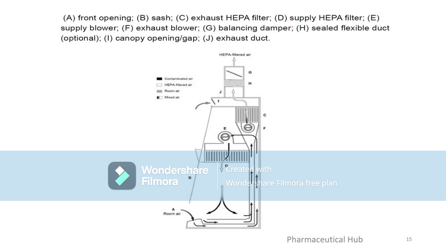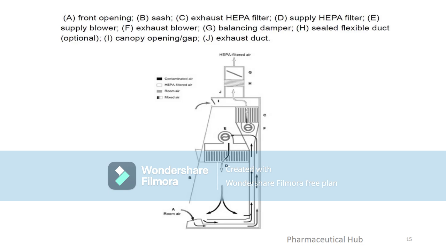Inflow A. Room air enters the cabinet through the front opening, creating a protective barrier for the user. Recirculation. An internal supply blower draws contaminated air from the work area and pushes about 70% of it through a supply HEPA filter D. This filtered, clean air then flows downward over the workspace, protecting the product.